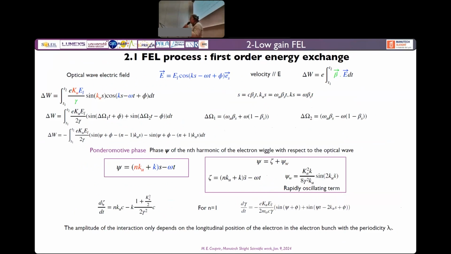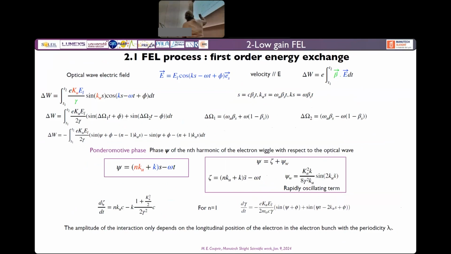If I go into the details, I first look at the first order energy exchange. I consider an optical wave of electric field E, and then I write the work between the electrons and this electric field E. It's like for the klystron that I introduced at the beginning.